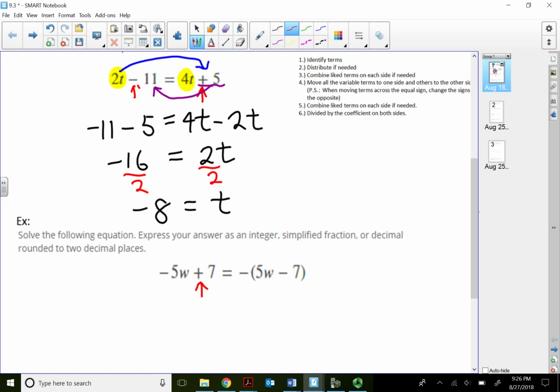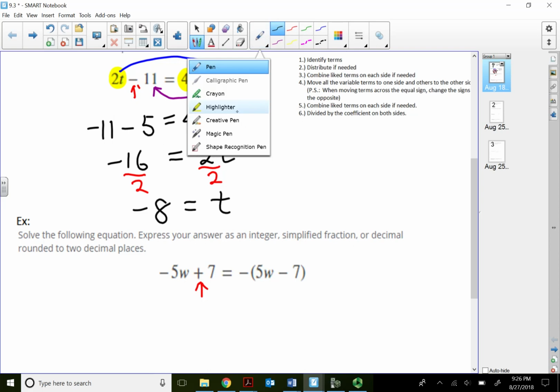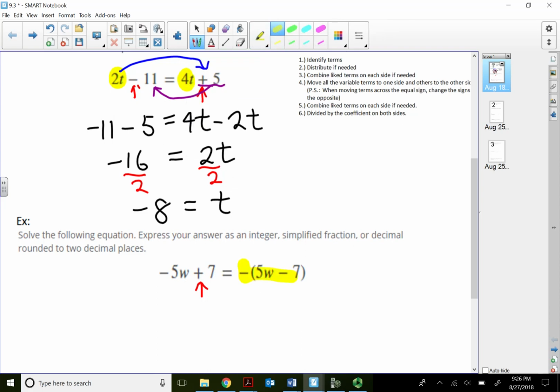On the right side, since there are no addition or subtraction signs outside the parentheses, all of this is 1 term. Between the subtraction sign and the parentheses, there's really a 1 there. So on my right side, I will need to use a negative 1 to do a distribution.